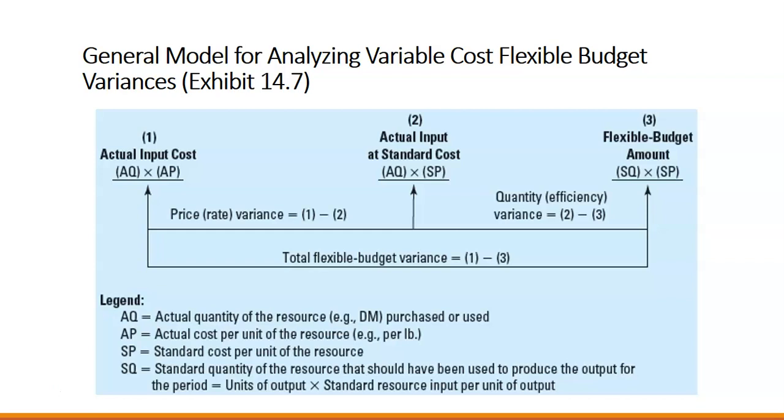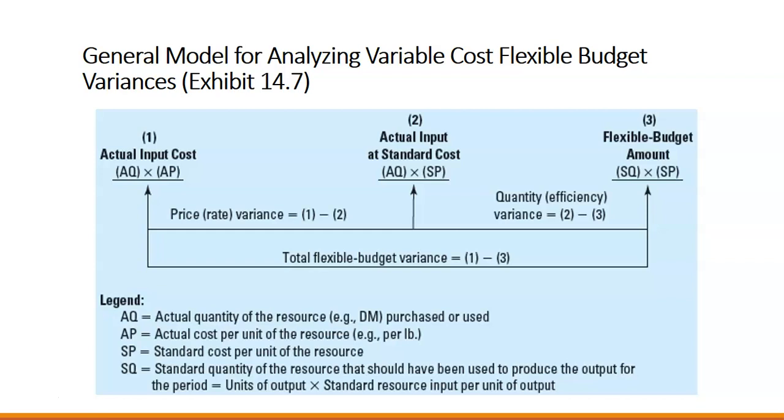So we have the difference between actual input, our actual results, our flexible budget, which is part 2 in the middle, which is our actual units times our budgeted rate, and then our flexible budget amount, which was the standard quantity times the standard rate.